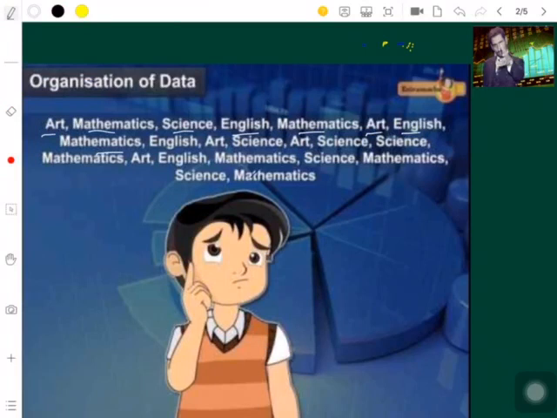He will put it in a particular series. Let us say he will take alphabetical order into consideration. We have here art, here art, here all as well. At 1, 2, 3, 4, 5 places we have art only. What will he do? He will put it in a particular series.